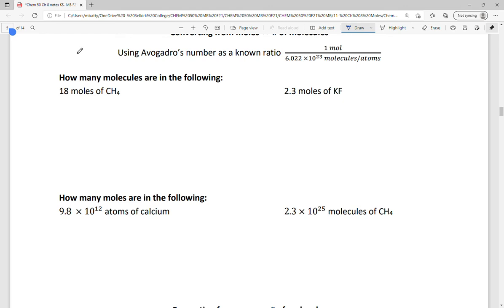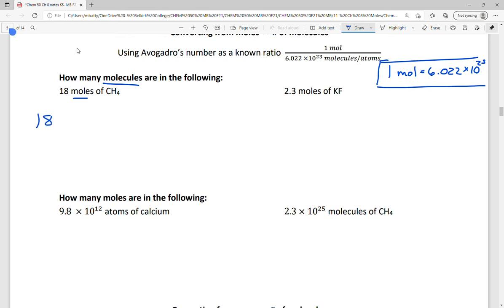So again, with this one, now we want to figure out, we've started with moles. So I was kind of mapping this out. If we want to go to the number of things, then we need Avogadro's number. And Avogadro's number is always the same, different than molar mass. So we always know that for Avogadro's number, 1 mole is 6.022 times 10 to the 23, whatever that is: things, atoms, molecules. So this one says how many molecules are in the following.